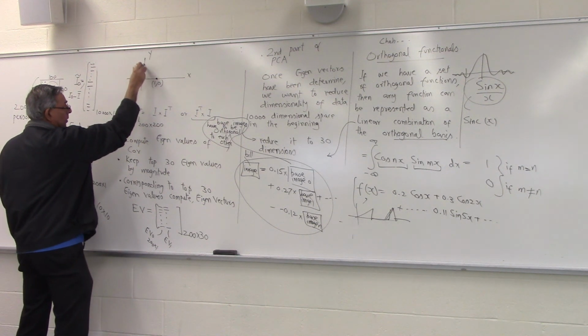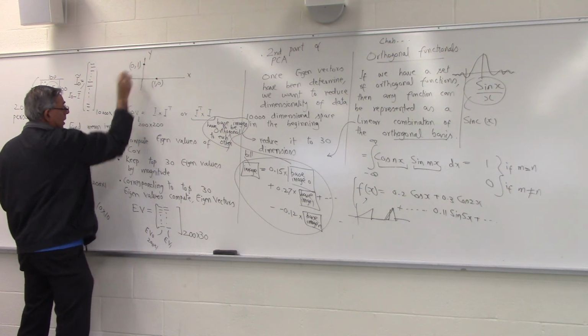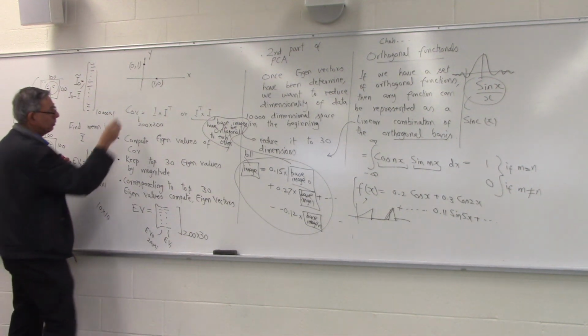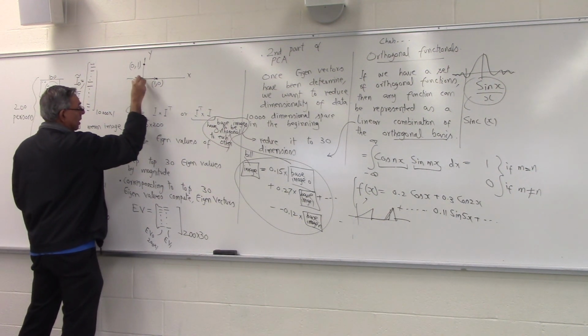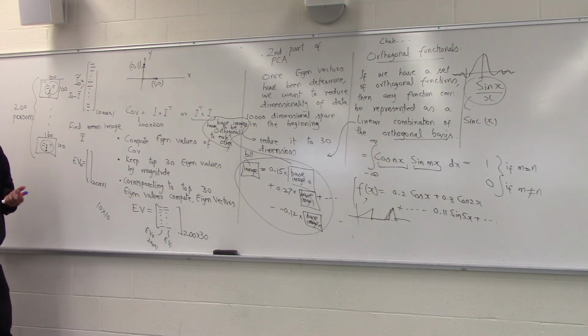If I give you another point over here, x of 0, y of 1. If I drew a vector over here, orthogonal means perpendicular, right? Are these two vectors perpendicular to each other? Yeah, they are at a 90-degree angle, right?